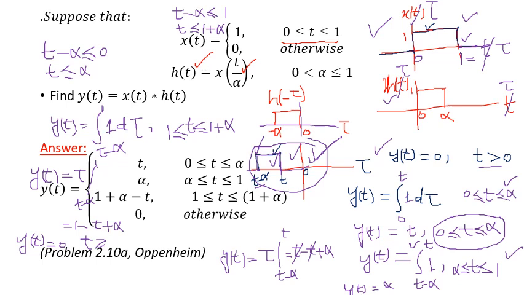That's straightforward: this point is t minus alpha, so once it's greater than 1, when t minus alpha is greater than 1, that means when t is greater than alpha plus 1, we have zero non-zero overlap, so the convolution will have 0 value.